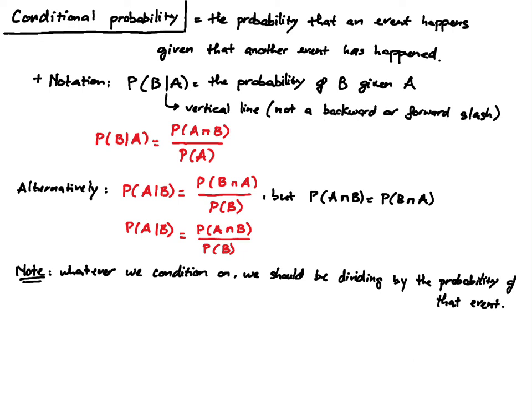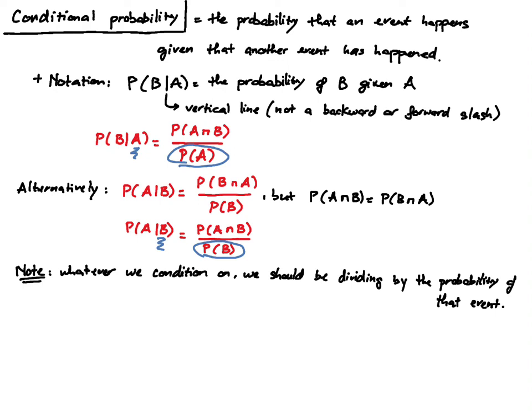So for example, in the original formula up here, we are conditioning on A, and so we divide by the probability of A. In this alternative formula down here, we're conditioning on B, and so we divide by the probability of B. In both cases, the numerators are the same. The numerators are the probability of the intersection of A and B.